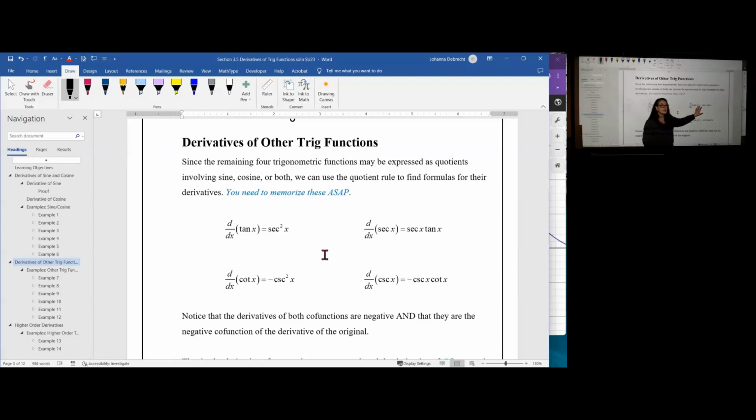Then the derivative of secant is secant tangent. Memorize it as quickly as you can. The derivative of its cofunction, cosecant, must be negative cosecant cotangent, and it is. There is a pattern, and it will help you to memorize these 6 different trig derivatives.